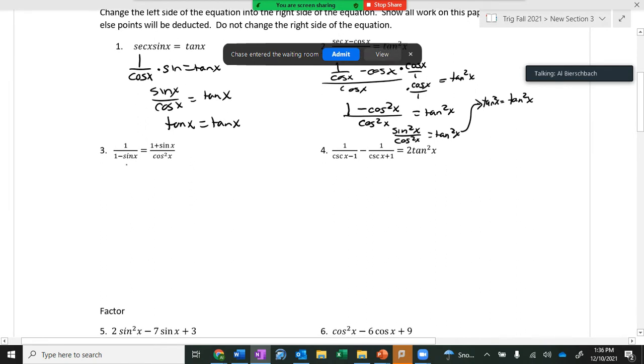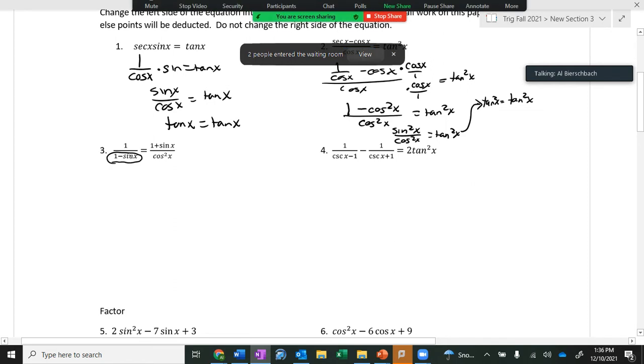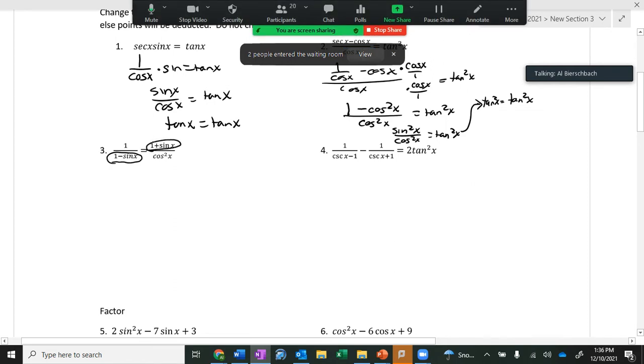Okay? When you see a minus sign in the denominator and a plus sign in the numerator, what you need to do is multiply by the conjugate of the denominator.